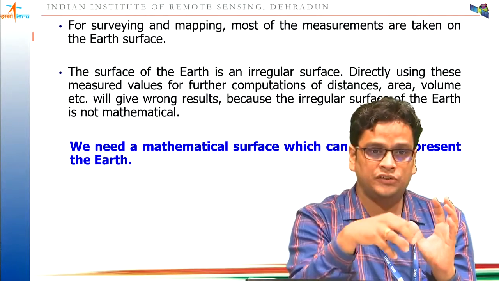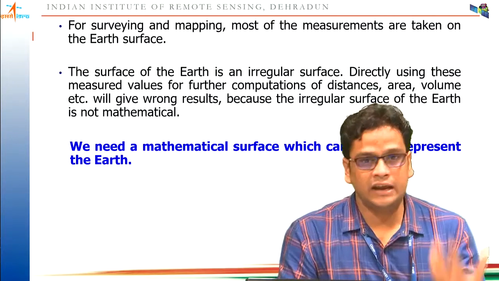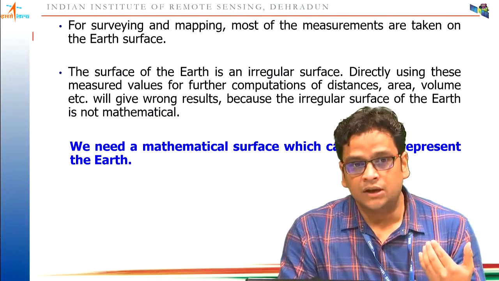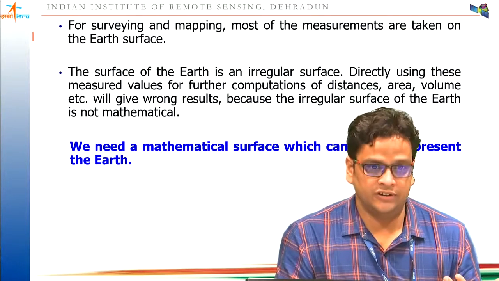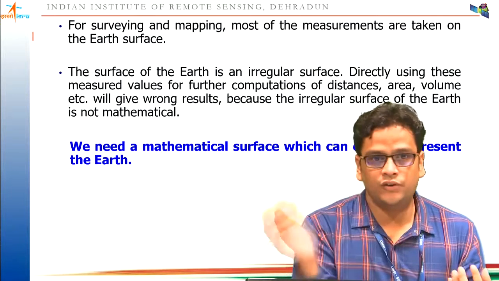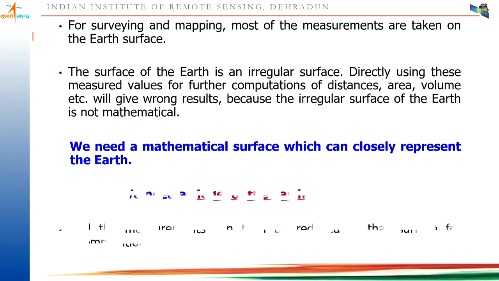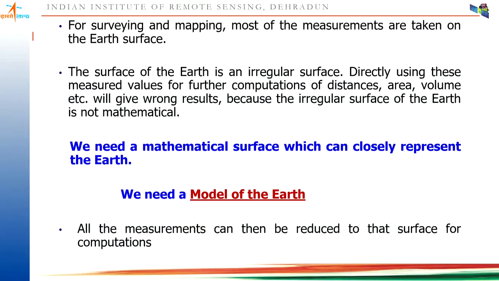Then further computation we will carry out on that mathematical model, which we can represent by an equation. If we are able to represent it by an equation, then we can do further computation using that. So we need a model of the Earth, and all the measurements can then be reduced to that surface for computations.